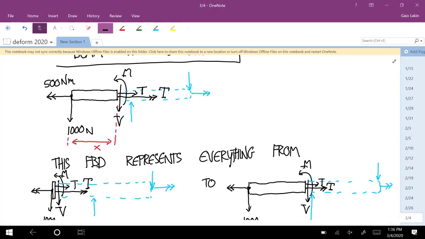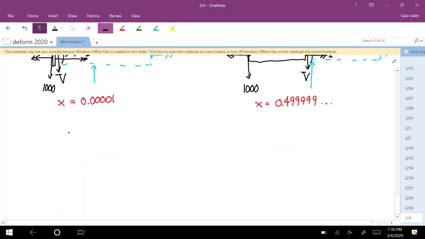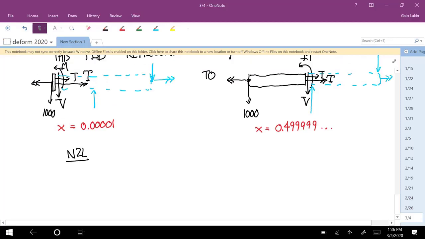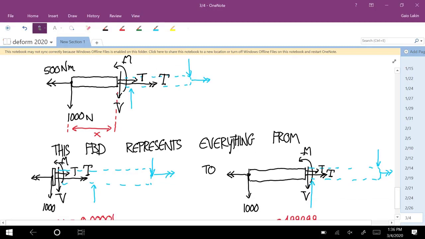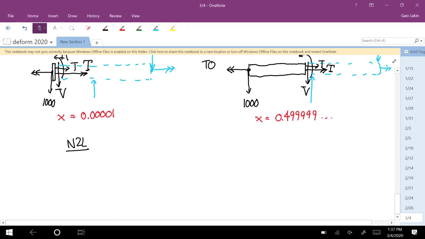Okay, so from this free body diagram, let's do Newton's second law. For the forces, there's the downward 1,000 Newton. And I guess I didn't explicitly say this, but even though obviously the lengths of those look very different, look at what loads are applied, and this general description of what's going on applies to this and to this. The only difference is that x value. Are you with me on that? All right.